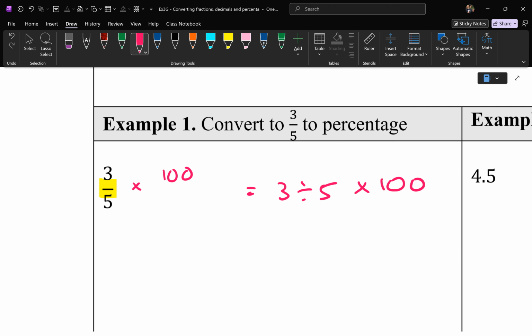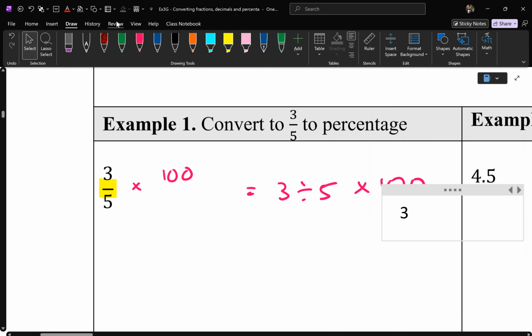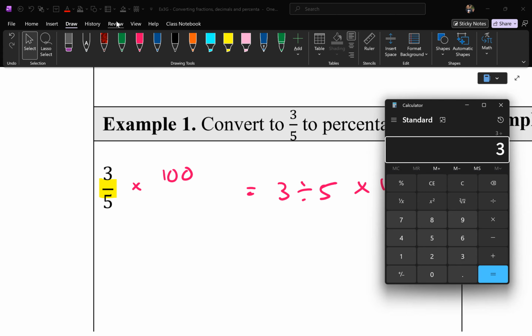So this is what it looks like. I'll do it on a calculator so you can see. Here's a calculator. If I just did 3 divide 5. As a decimal, most people understand it in values. So it means 0.6. 0.6 is what 3 out of 5 is, right? So 3 out of 5, 0.6, I need 100 of those. So if I times it by 100, I have 100 of them.